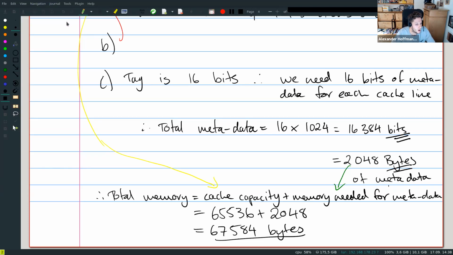Now, I want to do one more exam question, which I think will actually get done, which is great, and is very similar to these. You'll see a pattern in the questions that we ask you.